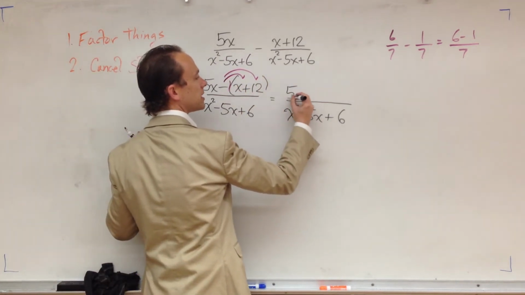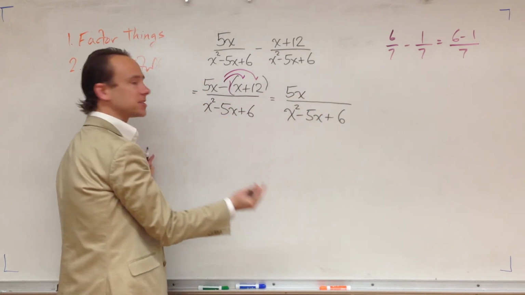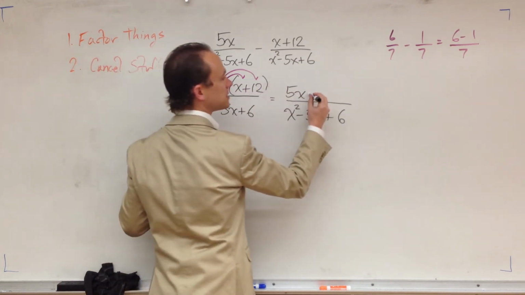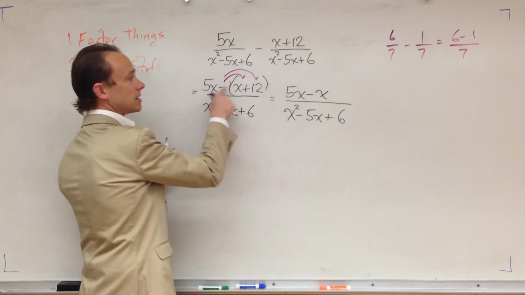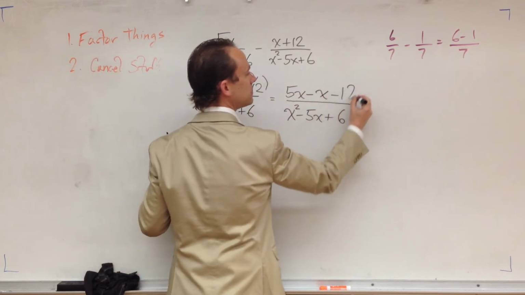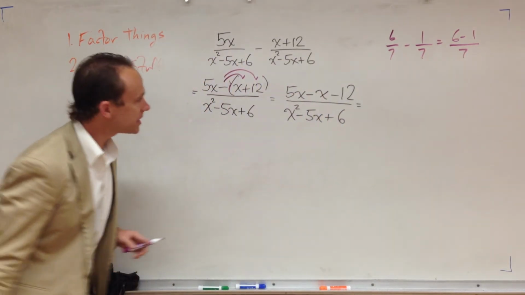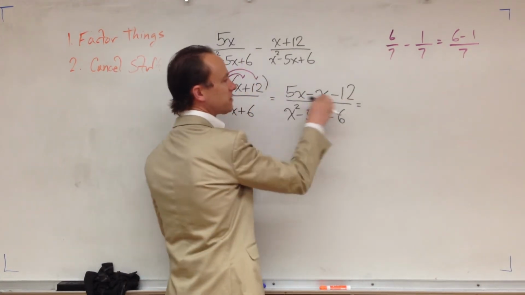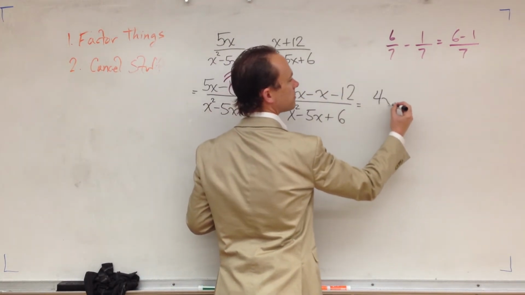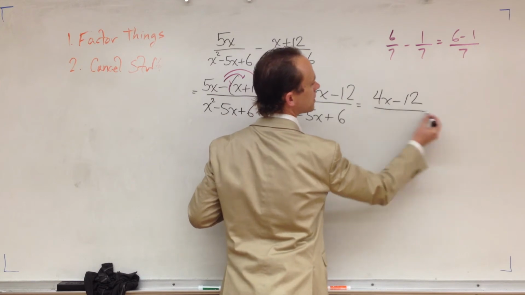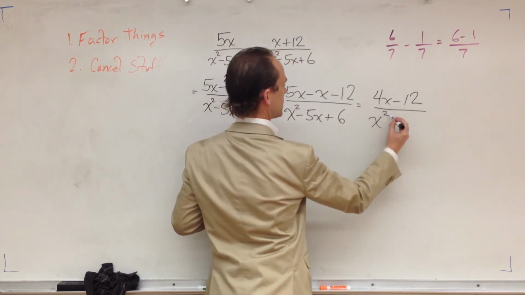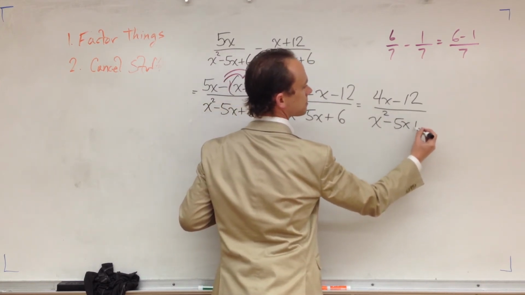And when you distribute a negative 1, the signs change. So negative times a positive is negative. Negative times a positive is negative. All right, we're almost there. Let's combine some like terms. 5x minus x. We have 4x minus 12 over x squared minus 5x plus 6.